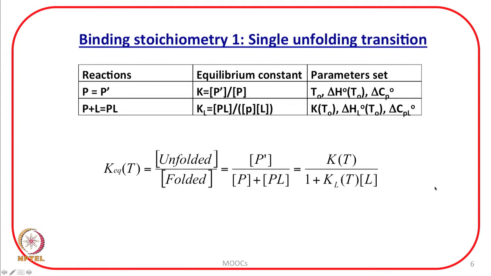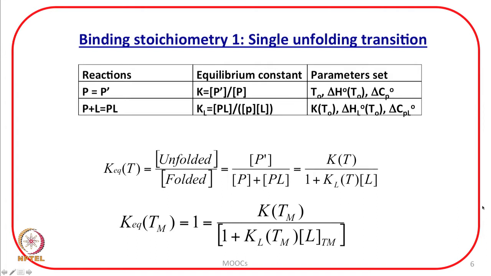Now, if I express this in the presence of ligand, K equilibrium at Tm, Tm is the temperature where the transition is half complete, and we have discussed several times that the value of equilibrium constant when the transition is half complete is equal to 1.